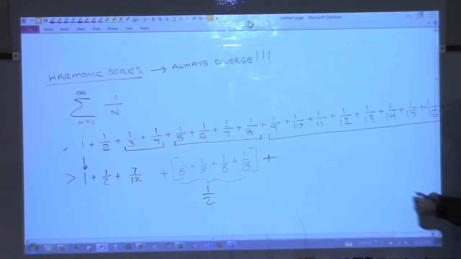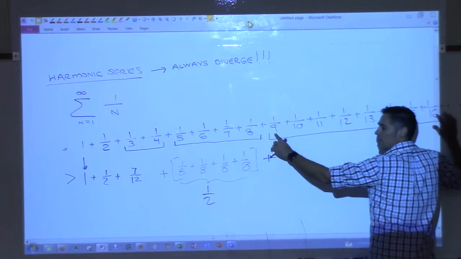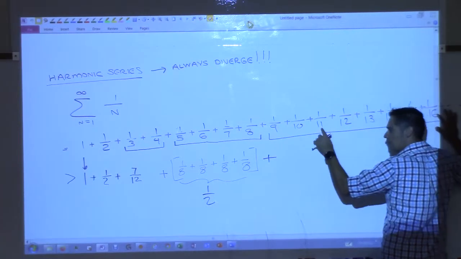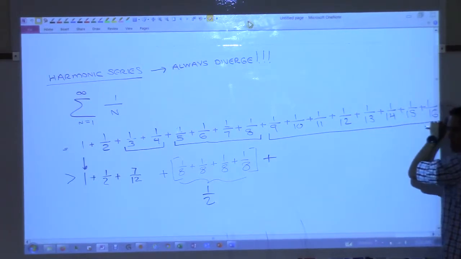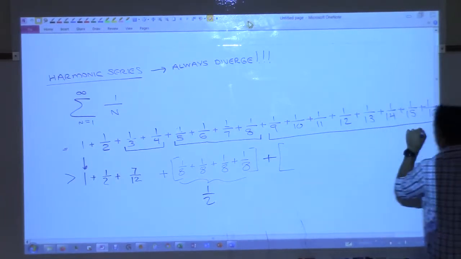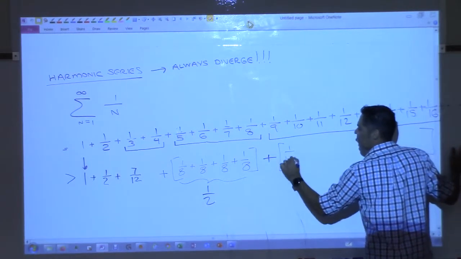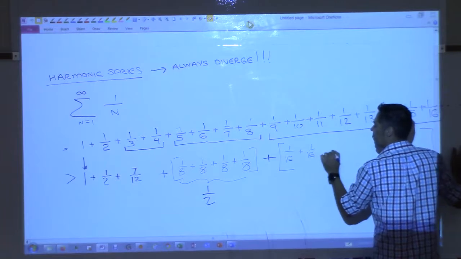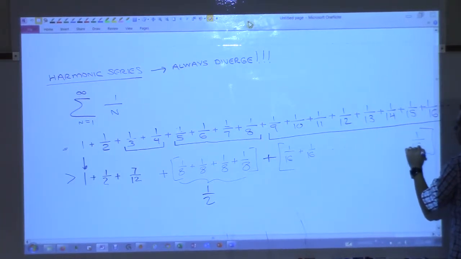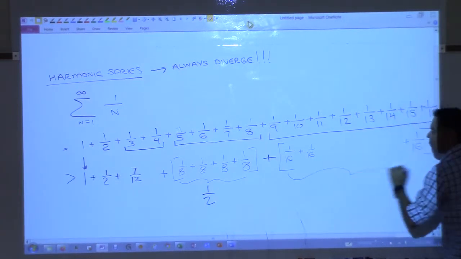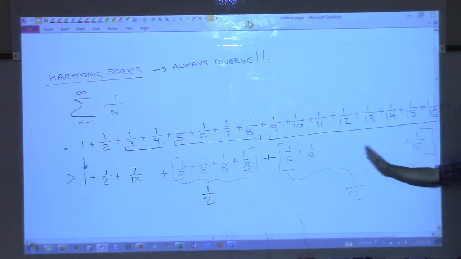Which is a half. So is that bigger than 1/16? Yeah. That's bigger than a 16, bigger than a 16, all of those. So all of those together would be like 1/16 plus 1/16, dot, dot, dot, all the way till I get to this last one, 1/16. And all those together are a half. That's 8/16 put together. Yes?